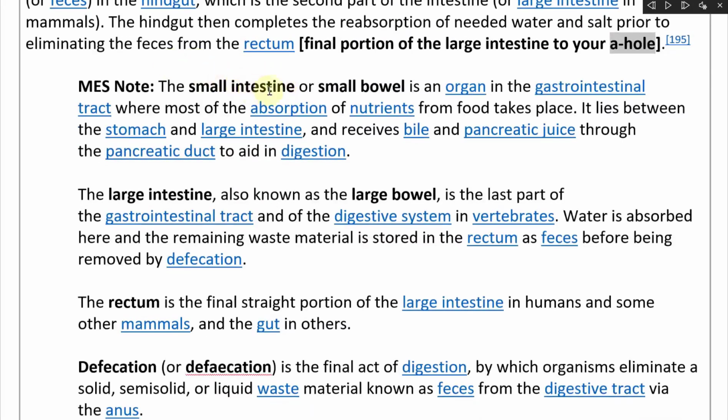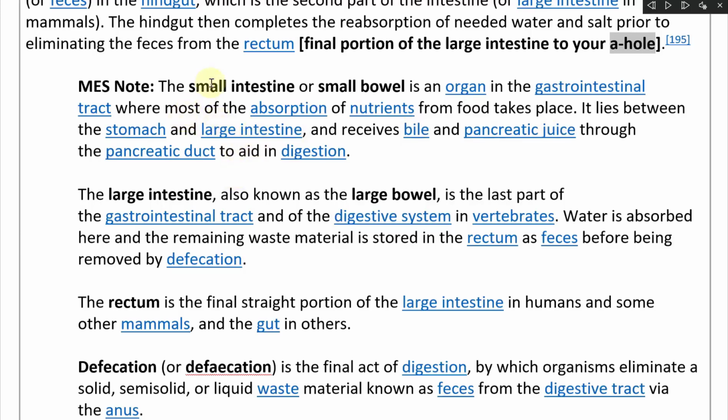I mean, just note the small intestine or small bowel is an organ in the gastrointestinal tract where most of the absorption of nutrients from food takes place. It lies between the stomach and large intestine and receives bile and pancreatic juice through the pancreatic duct to aid in digestion.